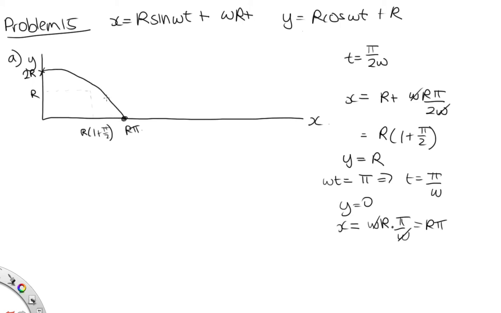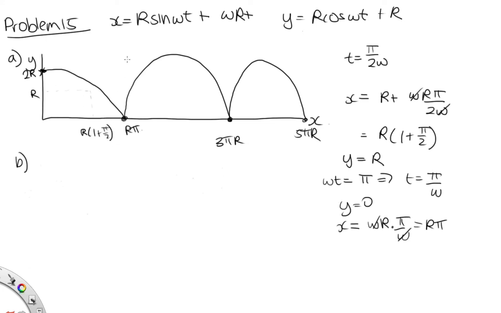Now we continue this process substituting in different t's, and we find that we get a cycloid curve like this, where this is 3 pi r, this is 5 pi r, etc. Part B, we need to find the instantaneous velocity and acceleration at a few points.